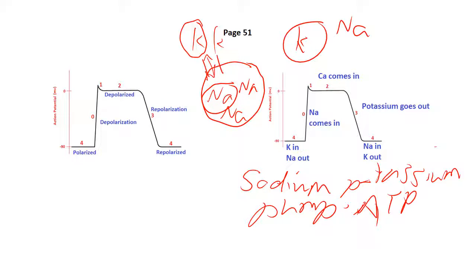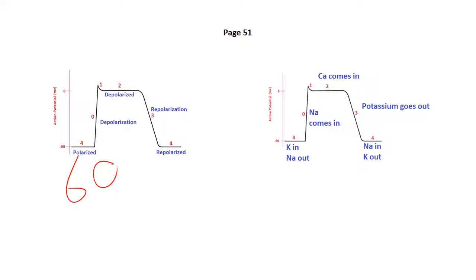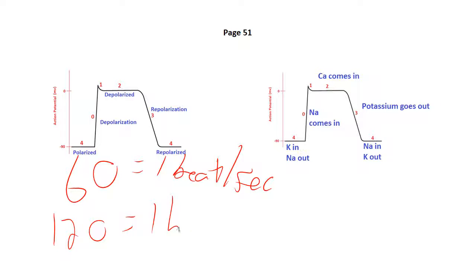And at that point, we are now back here ready to depolarize again for the next beat. So keep in mind, at a heart rate of 60, we're getting 1 beat per second. At a heart rate of 120, we get 1 beat every half of a second.